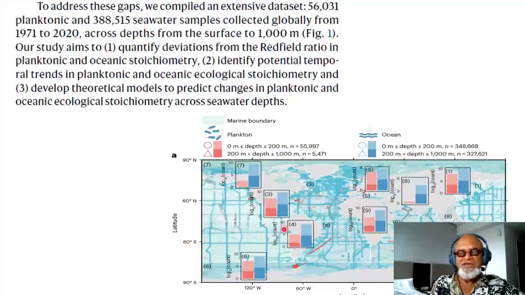You can see the symbols shown here, and the counts for each are shown. So obviously you expect ocean water sampling to be higher. These are log 10 counts, so they are fairly large numbers that we mentioned before.